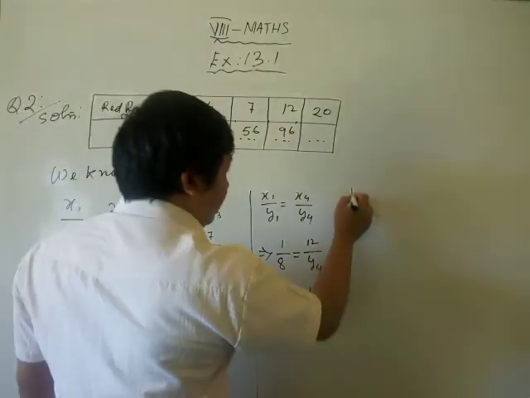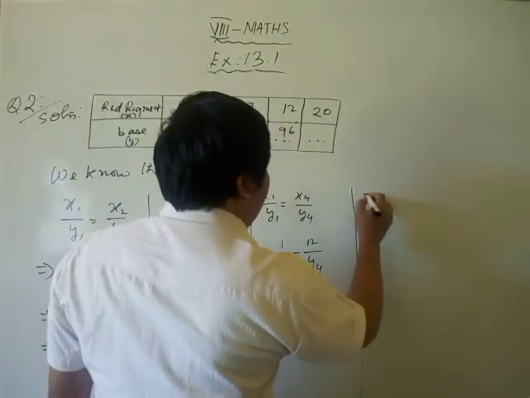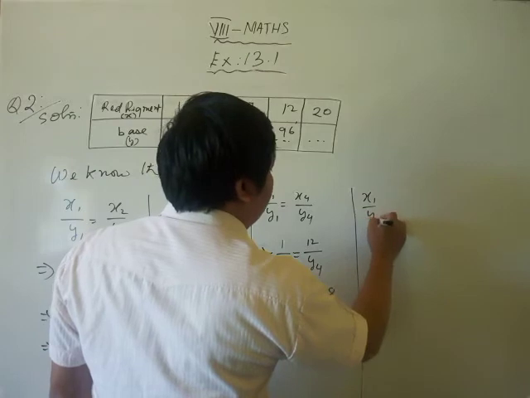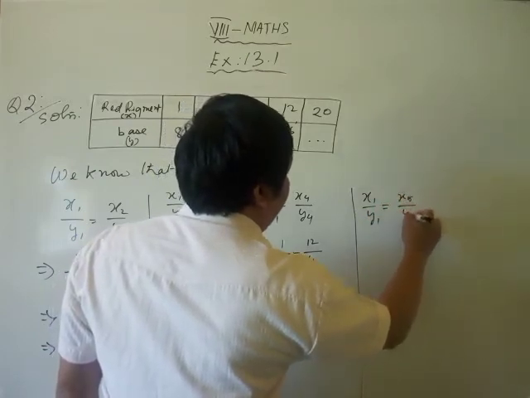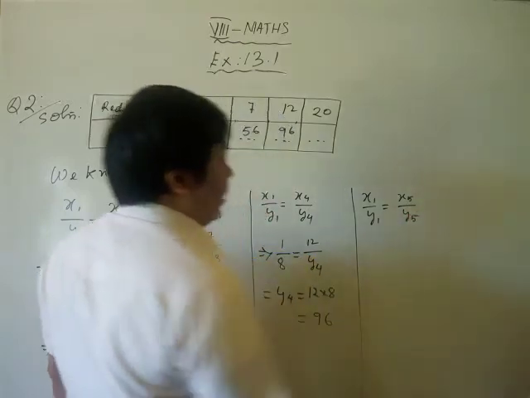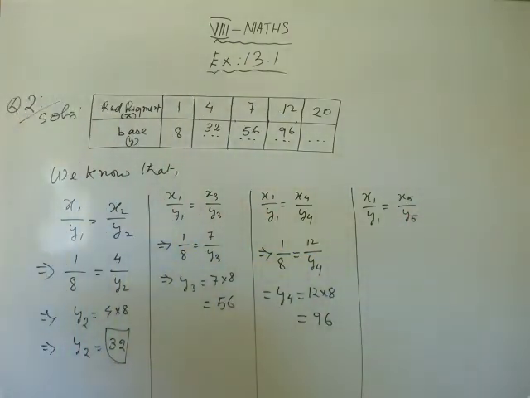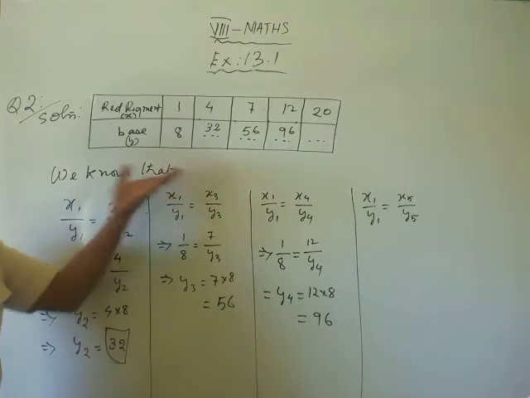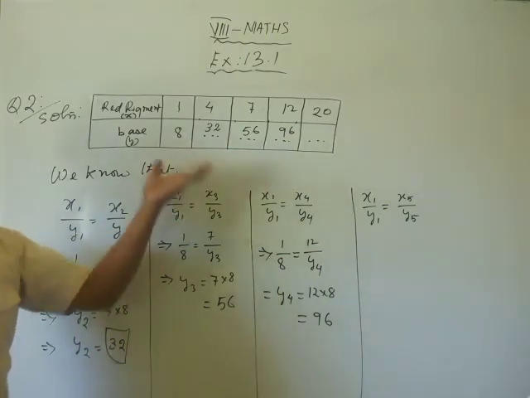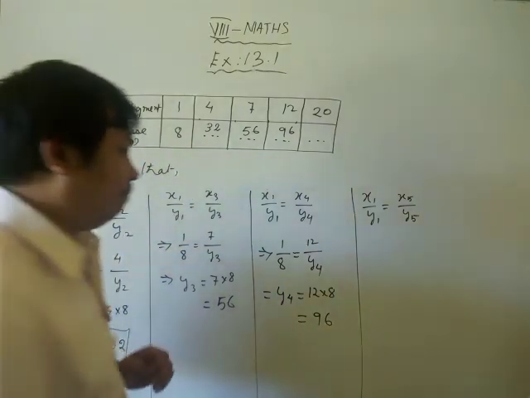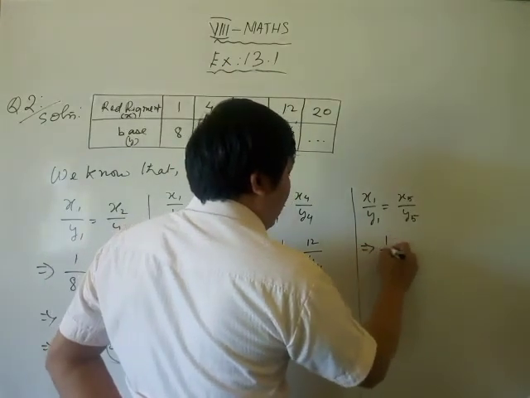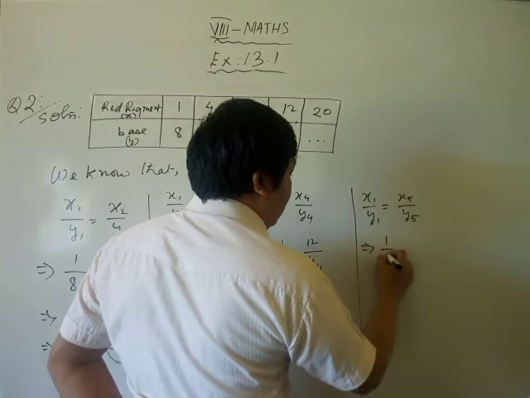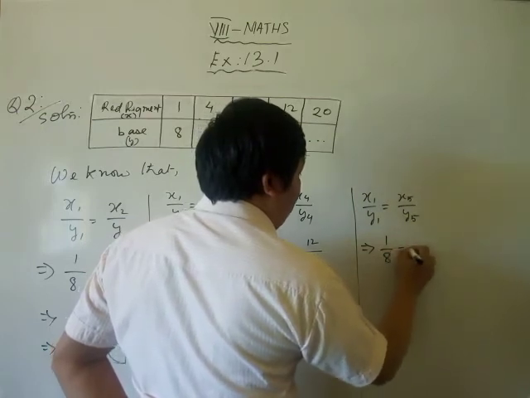Then again, x1 by y1 is equal to x5 by y5, isn't it? By the direct proportion or by the proportionality. We know that by the proportionality, or by the law of proportion, you can say. This implies that x1 y1 8 equal to x5.